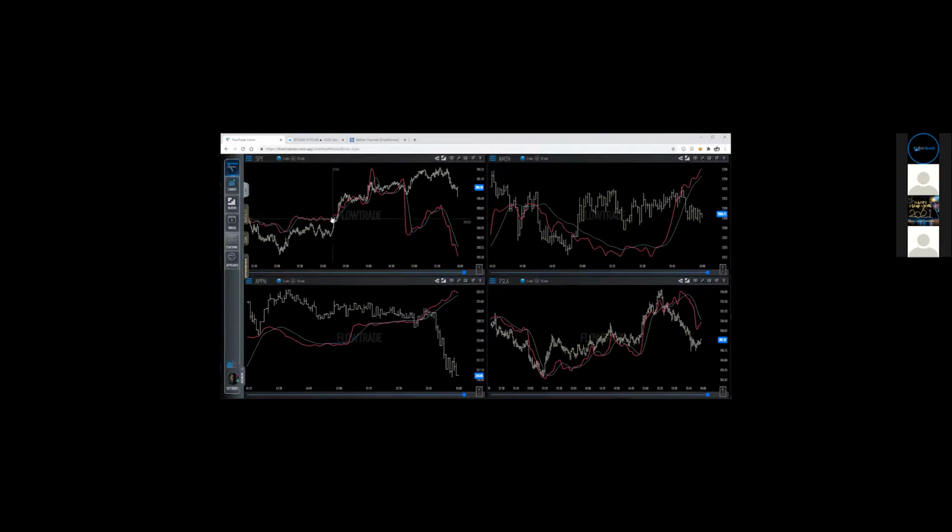So the point of this is just to smooth out the action so you can see the algo line bouncing on the average, and the crossover can give you a decent idea that there's a change happening. Not always, and I wouldn't trade off of that, but the smoothing average is just to simply help you not get shaken out by moves like this and to be able to withstand the trade.